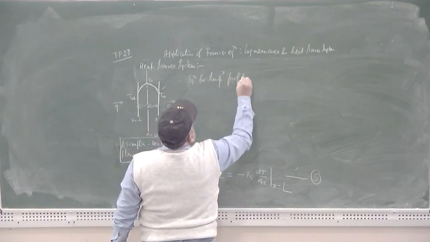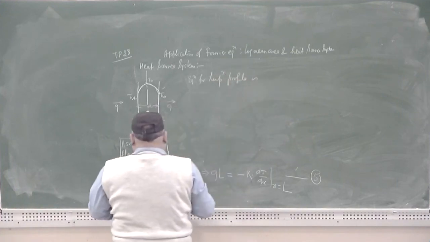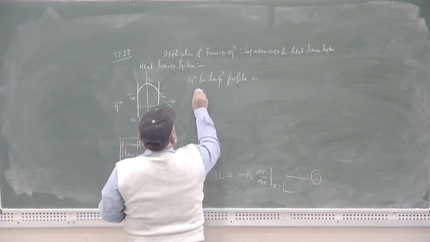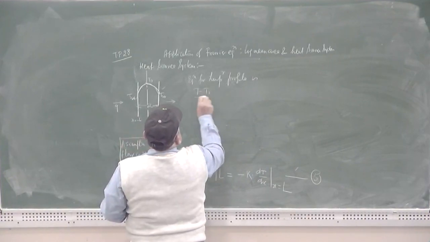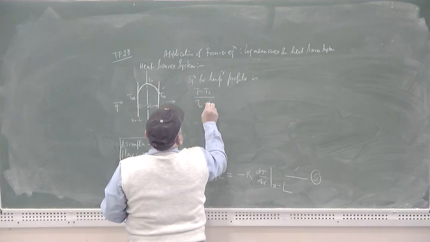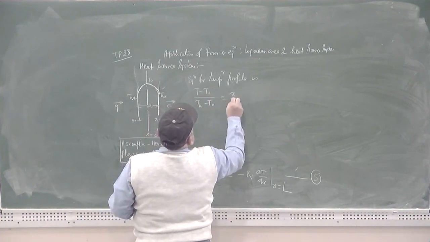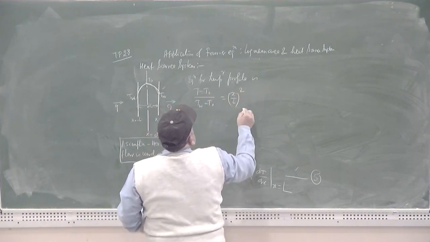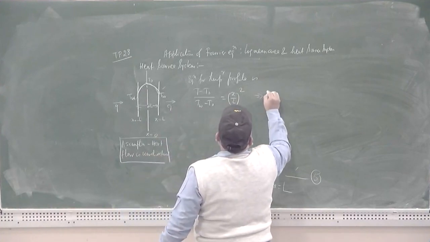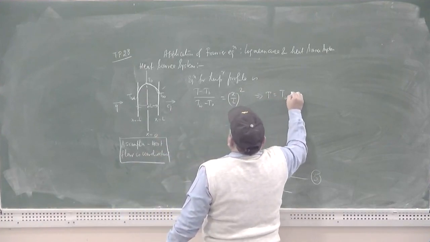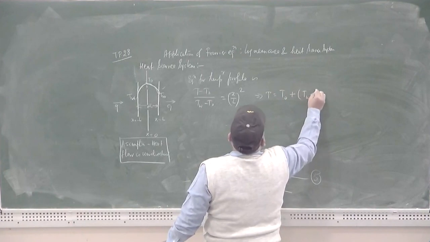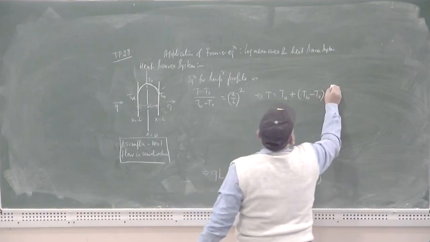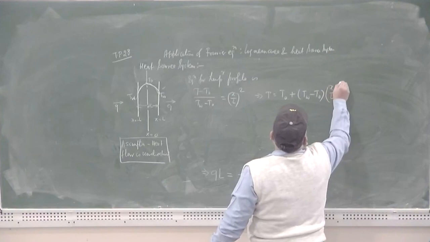What was the temperature profile equation? T minus T naught divided by Tw minus T naught should be equal to x by L whole square, or T is equal to T naught plus Tw minus T naught into x by L whole square.